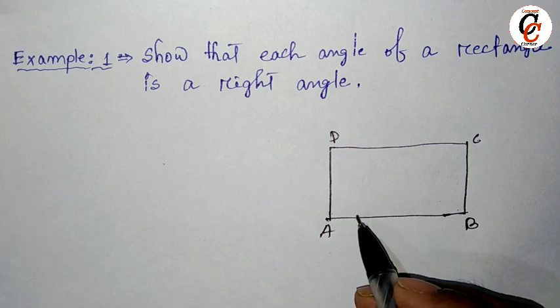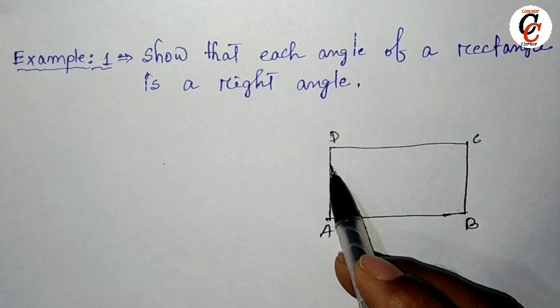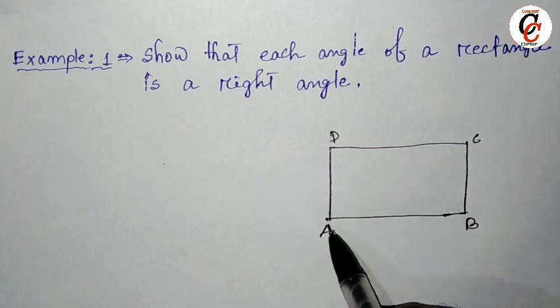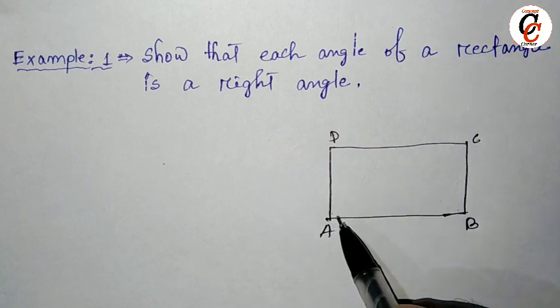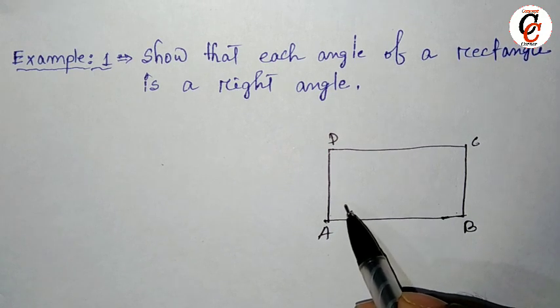So what is a rectangle? We know a rectangle is a parallelogram in which one angle is 90 degrees.